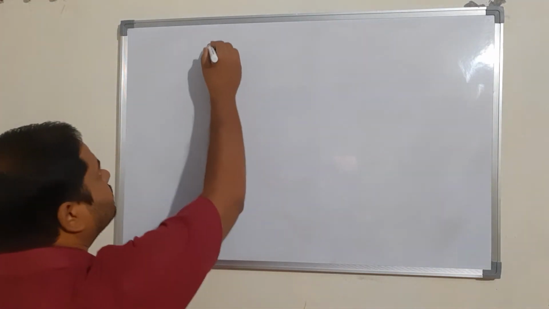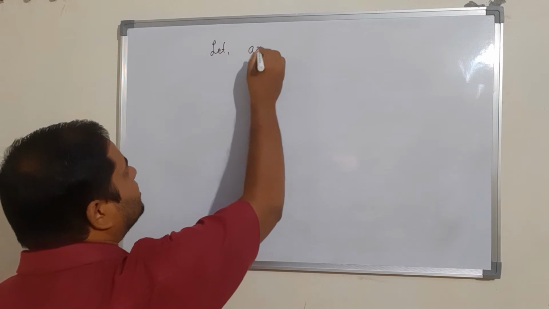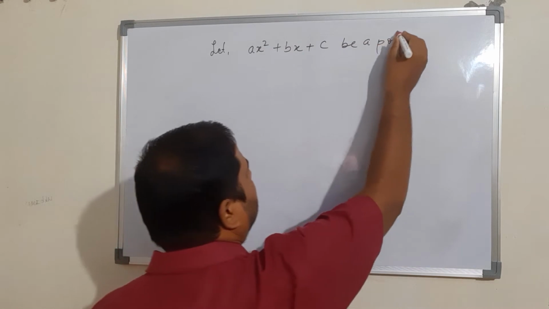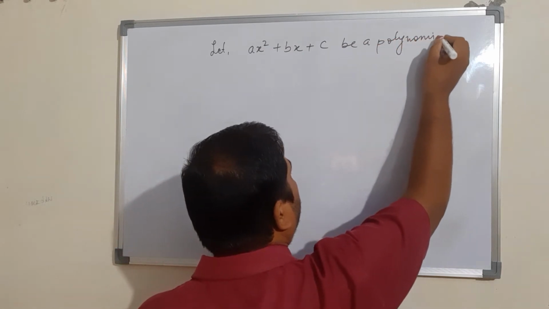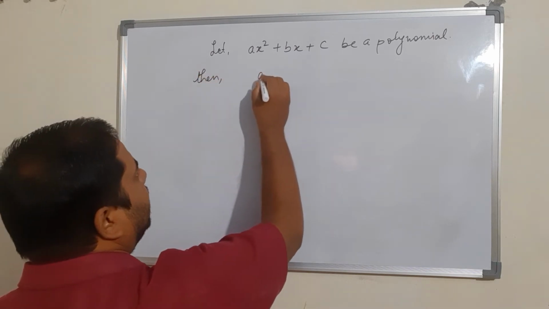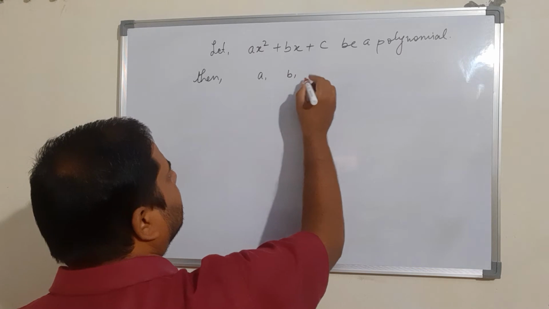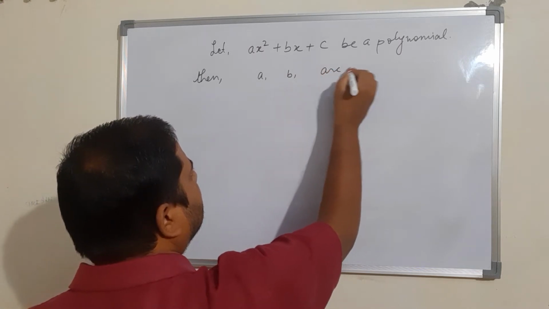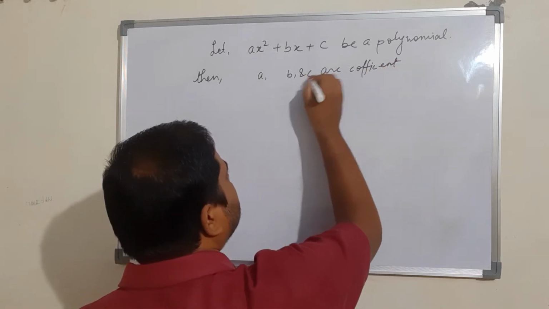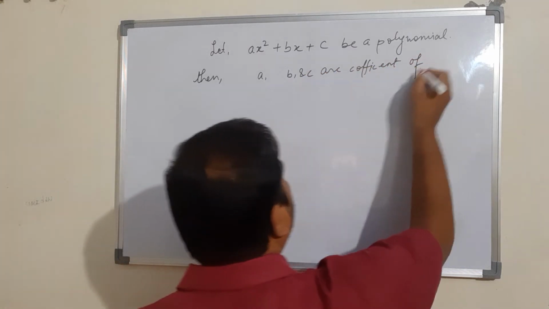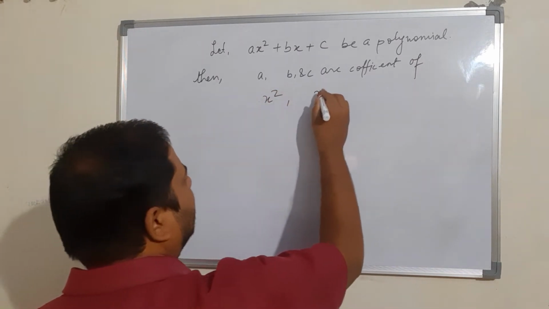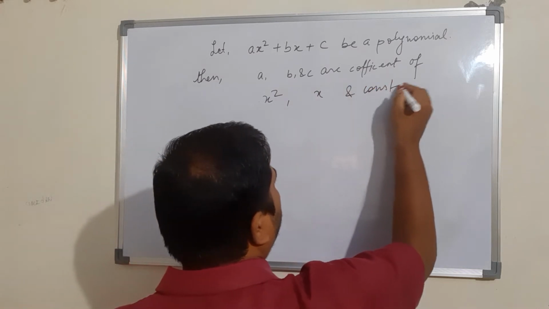Let ax square plus bx plus c be a polynomial, then a, b and c are the coefficients of x square, x and the constant term.